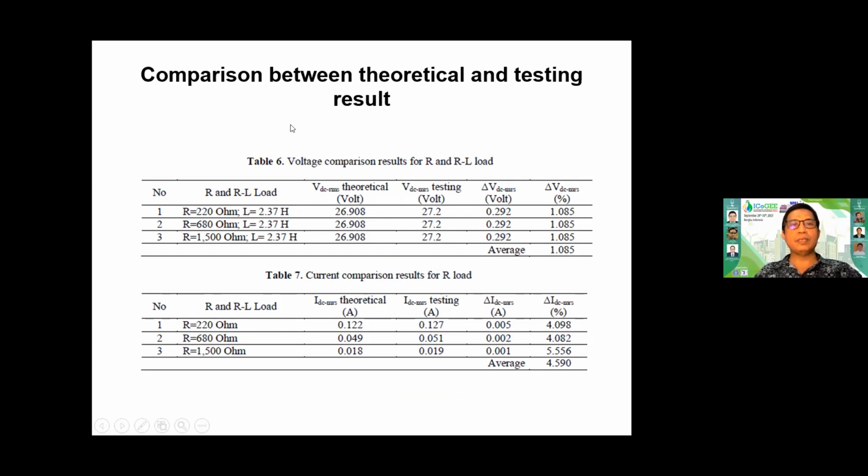This is the comparison between theoretical and testing results. From this table, we know the difference between theoretical and testing results.